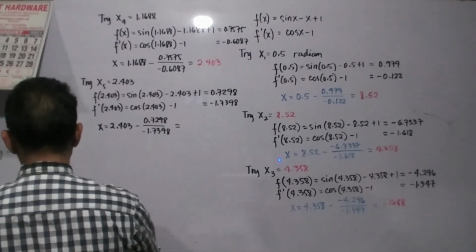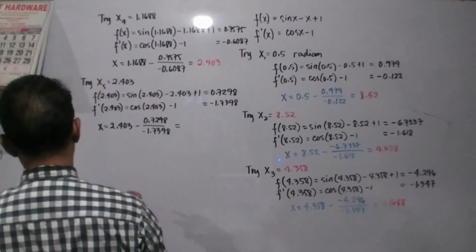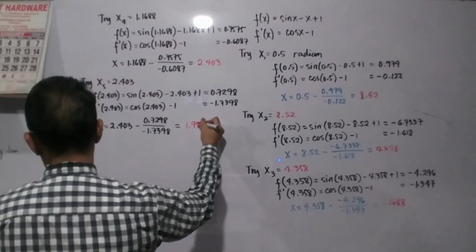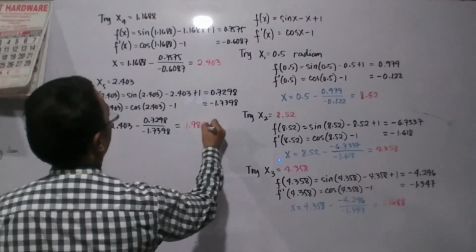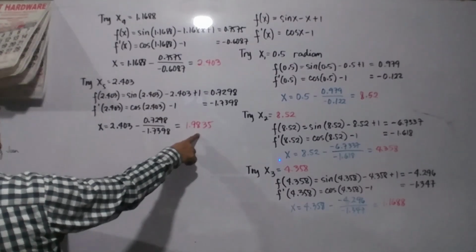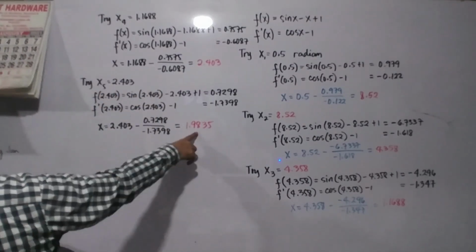We have now 1.9835. Again, they are not equal. They need to be equal. Next, use that again.